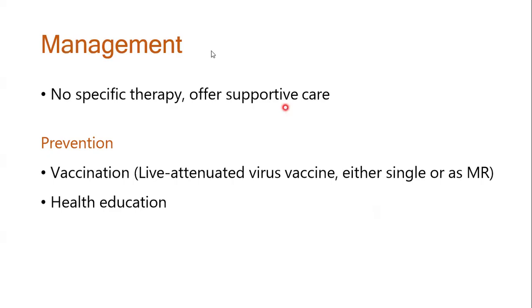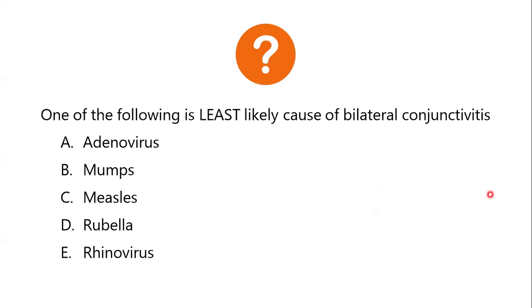I'm glad you've understood. So you can answer for me this. One of the following is the least likely cause of bilateral conjunctivitis: adenovirus, mumps, measles, rubella, rhinovirus.